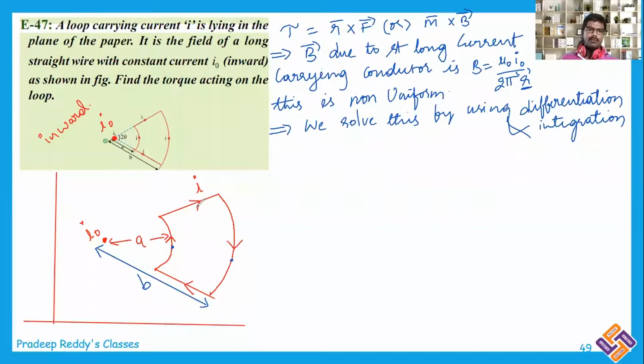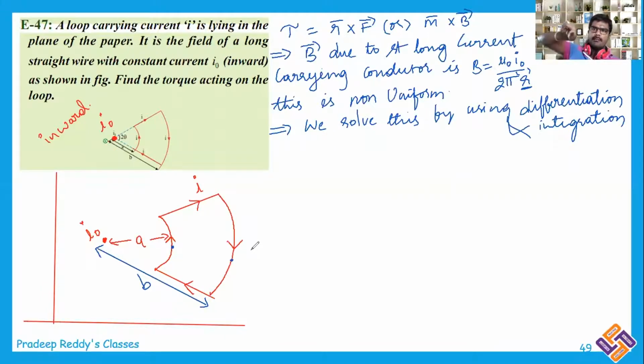Now for that, the magnetic field produced here will be in which direction? Current carrying is into the page, so not upward, I'm sorry. You can use the right hand rule and find the magnetic field. The current in the conductor is going inside, so you should put your thumb inside.